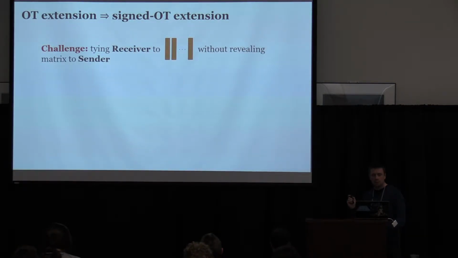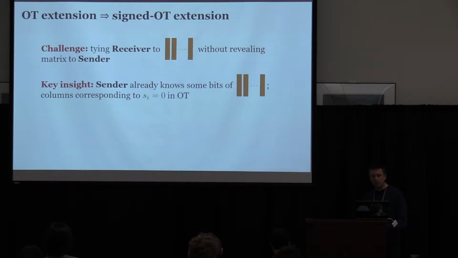So our goal is we want to bind, to tie Bob's actions to these columns, but without revealing these columns. One key insight here is that the sender, Alice, already knows some of the columns, because the columns that correspond to her choice bit equal to 0, she receives those columns.